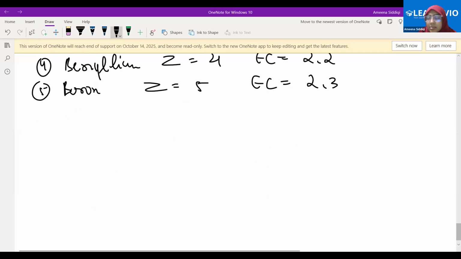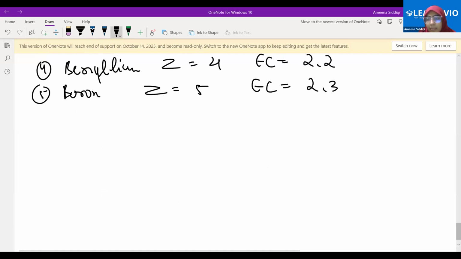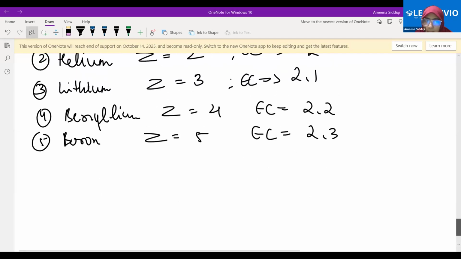All of you wait. Yes, Suleiman. Ma'am, we can write boron as 3 and 2, right? Or 2 and 3. But we are writing this on the basis of the order of the shells.